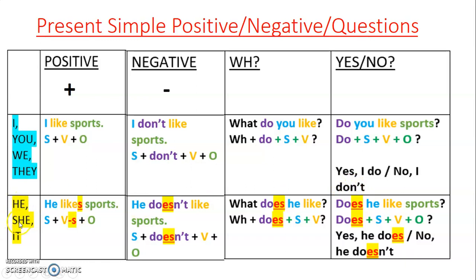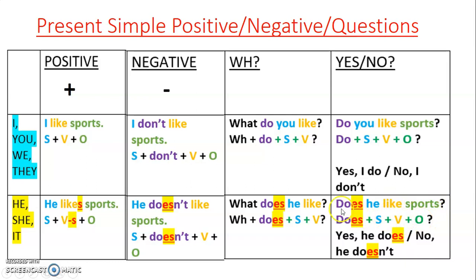Now with he and she and it, we must use does. Does he like sports? As you can see here, we need to put es with does because we have he. Does he like sports? Does is your helping verb, he is your subject, like is your verb, and sports is your object.